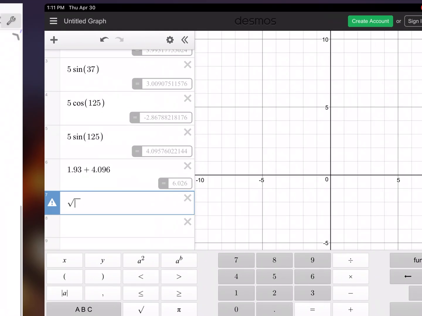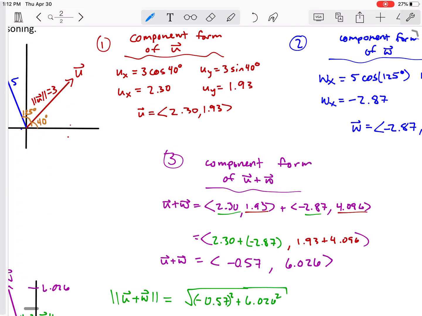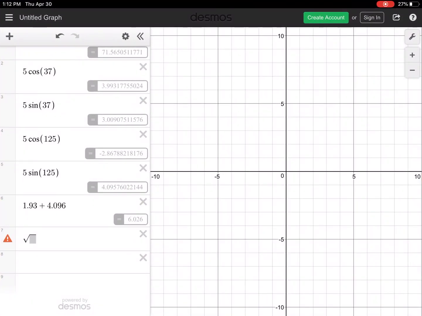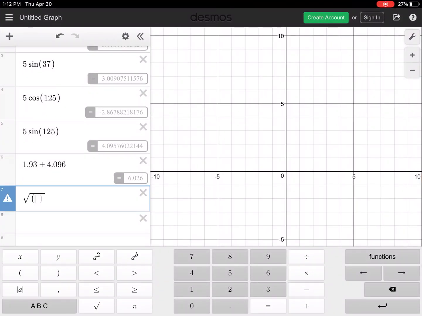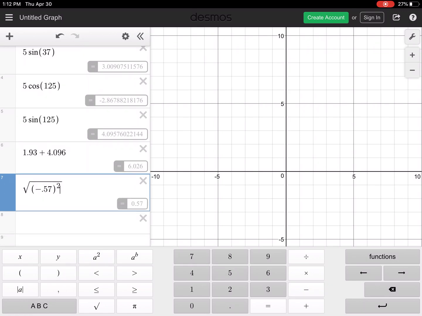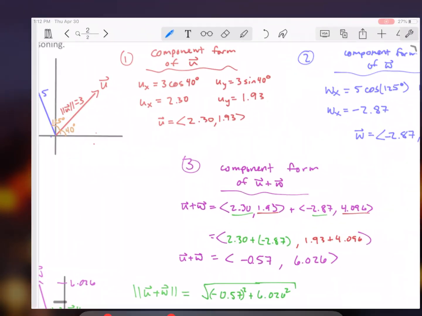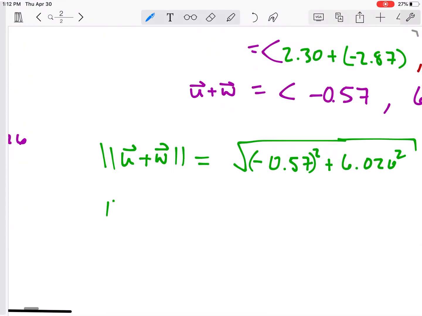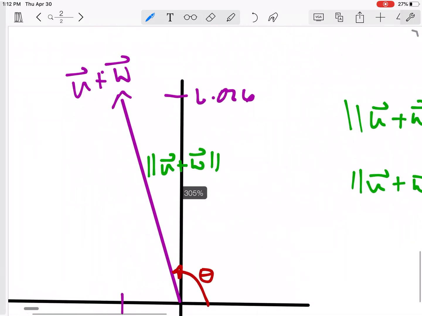Square root of negative 0.57 squared. Make sure your negative's in parentheses. Plus 6.026 squared. Gives us 6.053. So there's our magnitude.